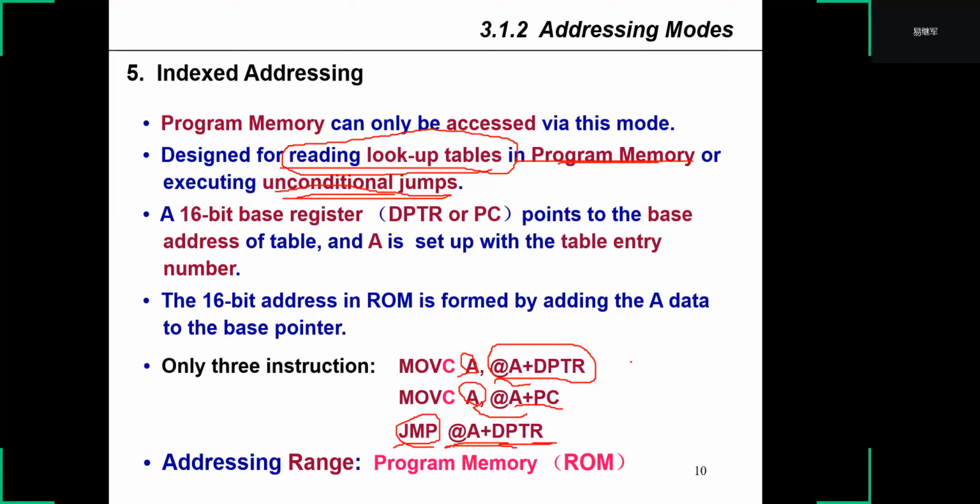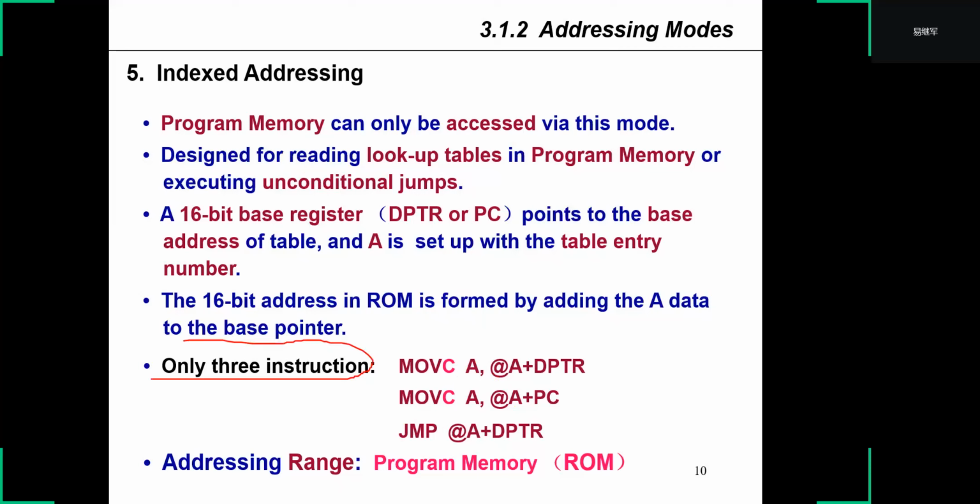So when we use these three instructions, we can give the address of the table to DPTR or PC and add an offset to the table.